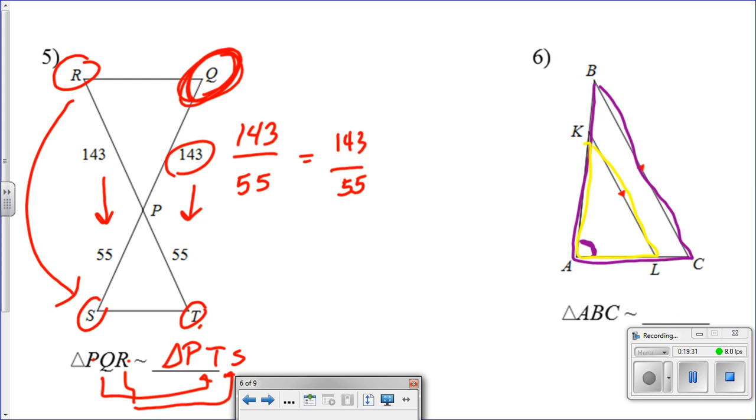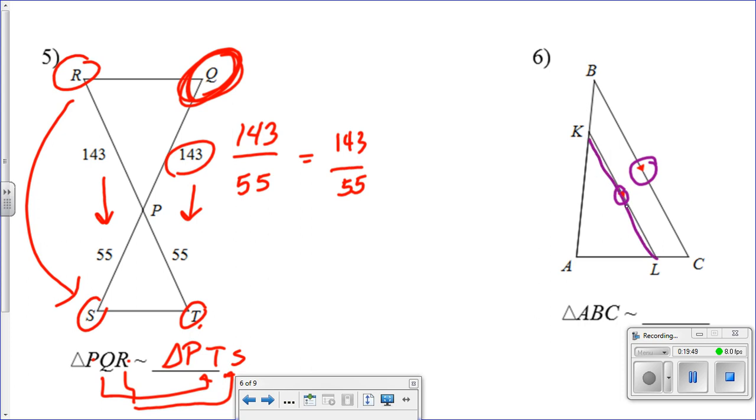Now they also gave us another statement that's really important here to notice. They gave you these symbols right here. And hopefully you recognize those symbols. They mean these two lines are parallel. So if these two lines are parallel, then you have two parallel lines here and here cut by a transversal. Here's your transversal right there.